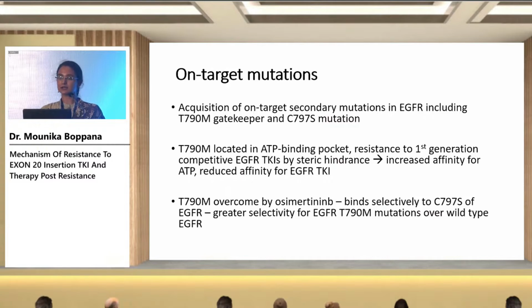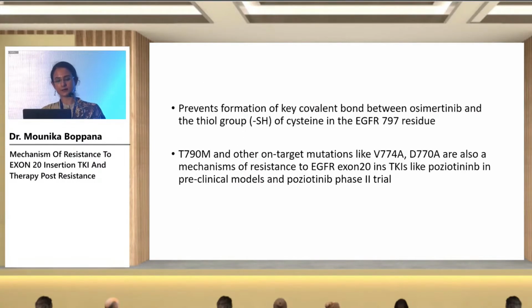We know that T790M is located in the ATP binding pocket. It leads to resistance to first generation competitive EGFR TKIs by steric hindrance. That leads to an increased affinity for ATP and a reduced affinity for EGFR TKI. This resistance can be overcome by osimertinib because it selectively binds to C797S of the EGFR.